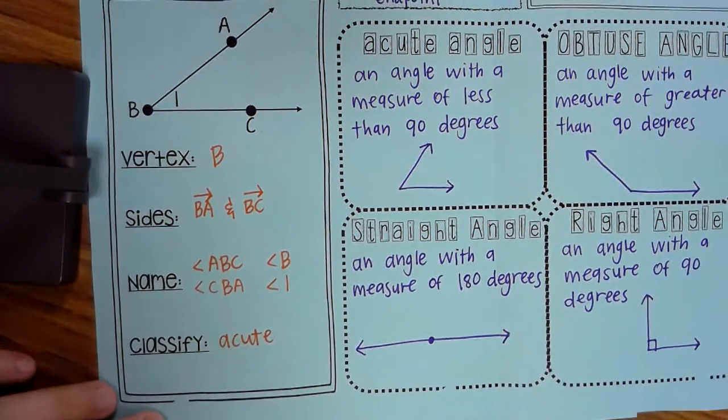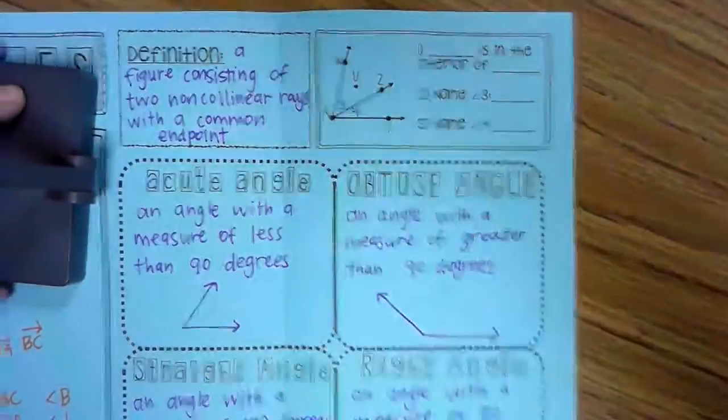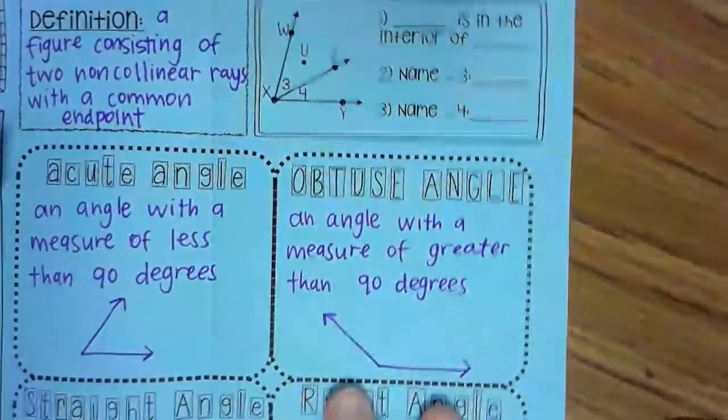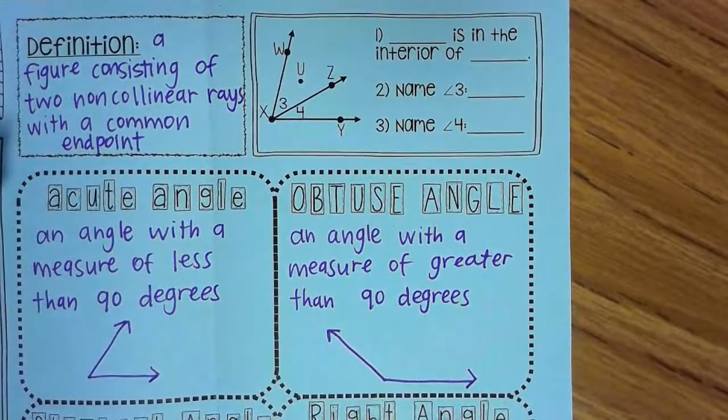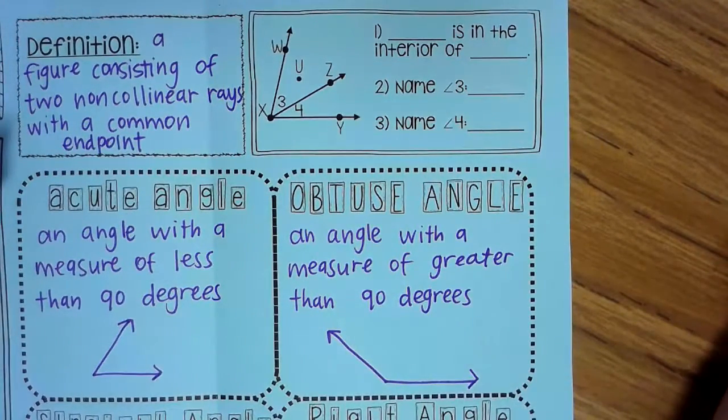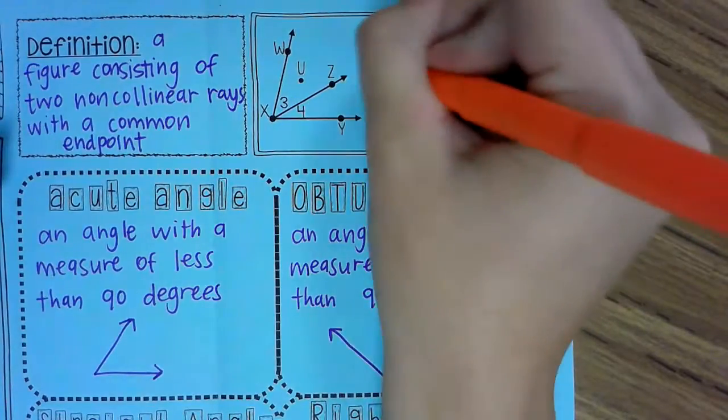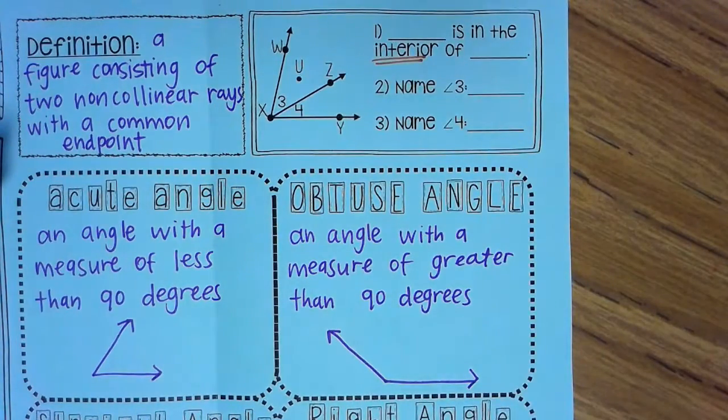Okay, all right, let's look up at this example up here in the corner. Let's talk through this. So we've got some fill in the blank going on here. Number 1, blank is in the interior of blank. So let's start with this word interior. Hopefully interior makes you think inside.